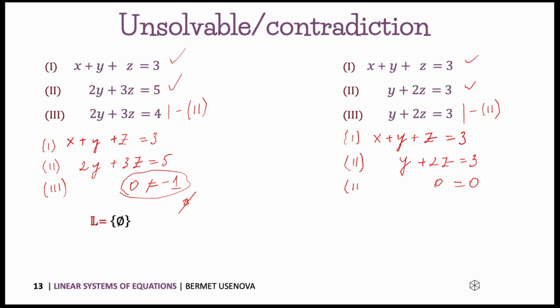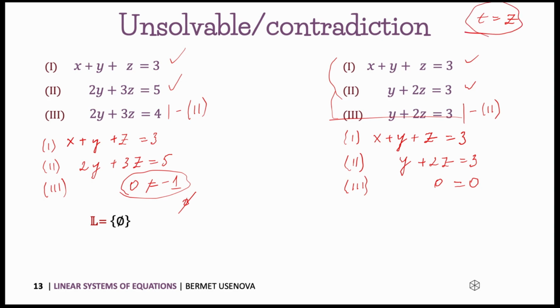And if we look again, we can just immediately see here that these two equations are similar. And we can just remove one of them and use only these two. And we can introduce a real parameter t instead of z. So we will introduce parameter t and replace it with z.